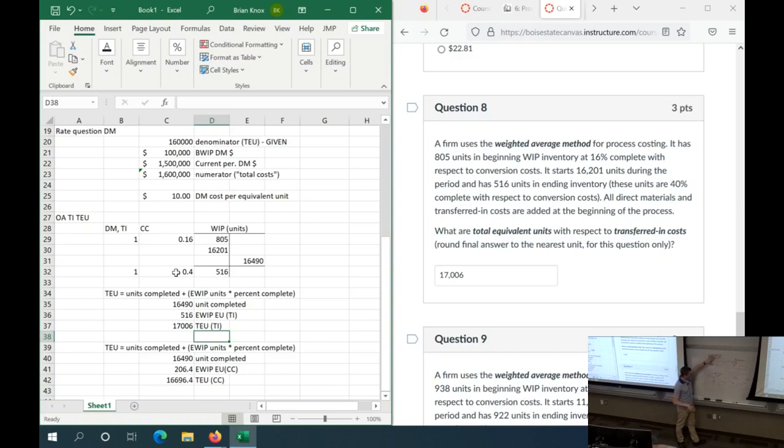At the process or department level, we're tracing costs, and they move between processes. That's as specific as we want to be with the costs. And so to do that, we have all these averages that we're creating through fancy denominators of TEU and through what we include in the numerator, which is going to vary between weighted average and FIFO.